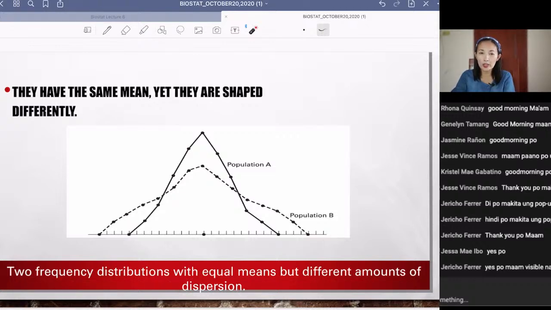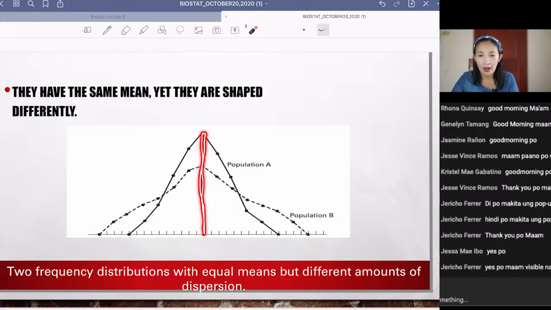So in which population are the scores more varied? Look at the width of the graph. This means the scores are closer to each other as compared to population A. The gap between the scores is farther. However, the means are equal, but the distances of the scores from the mean are different.